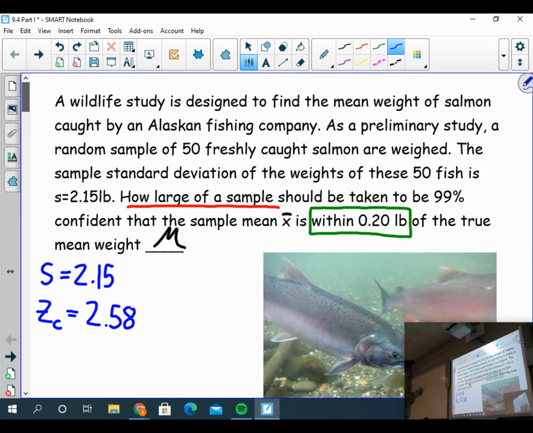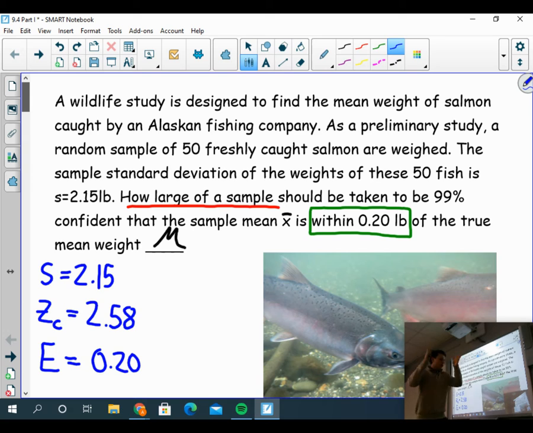And they tell us that we want to be within 0.2 pounds of the true mean weight. In other words, our level of error needs to be no bigger than 0.2 pounds. What this is saying is, if I calculate the sample mean for this random sample of 50 fish, and I'm calculating a 99% confidence interval, I'm going to add and subtract some level of error to my sample mean and I get my confidence interval.